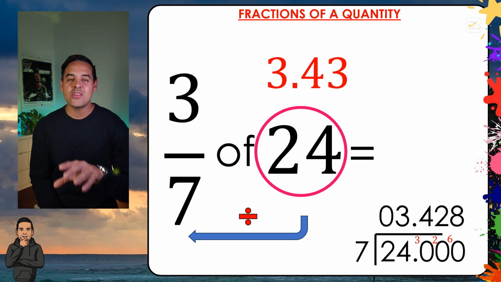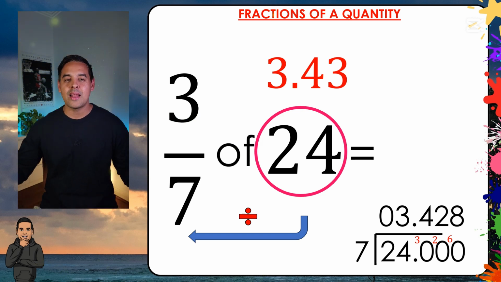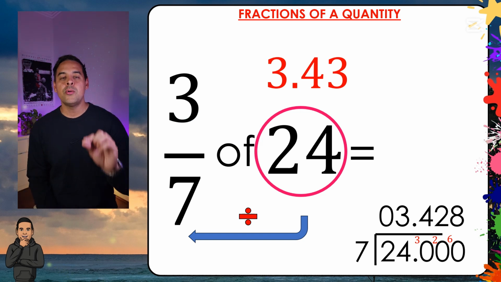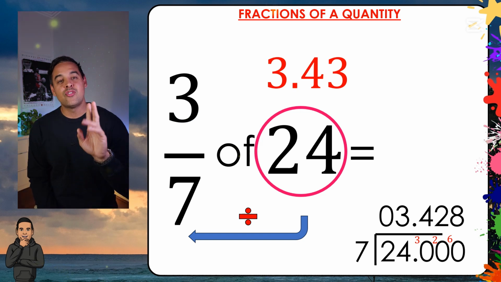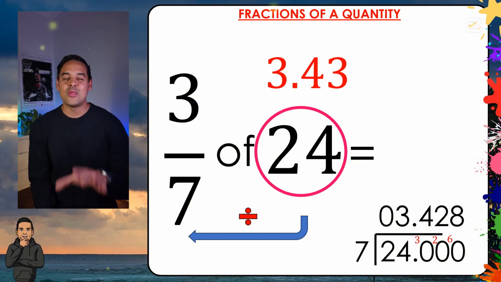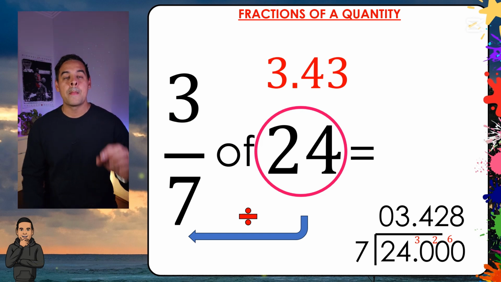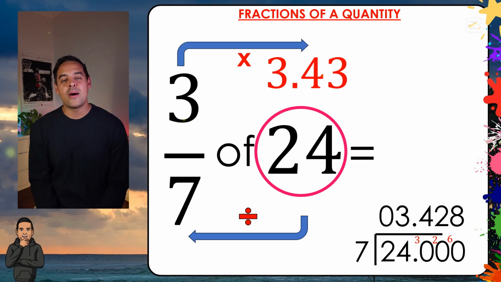Because if you get a question like this in your maths test, there's no clean answer. It's going to be like 20 numbers long. So if you can get to the nearest 2 decimal places, I can almost guarantee you that your teacher is going to mark this correct. So now that we have 3.43 that we've rounded up, we're going to multiply it by 3.